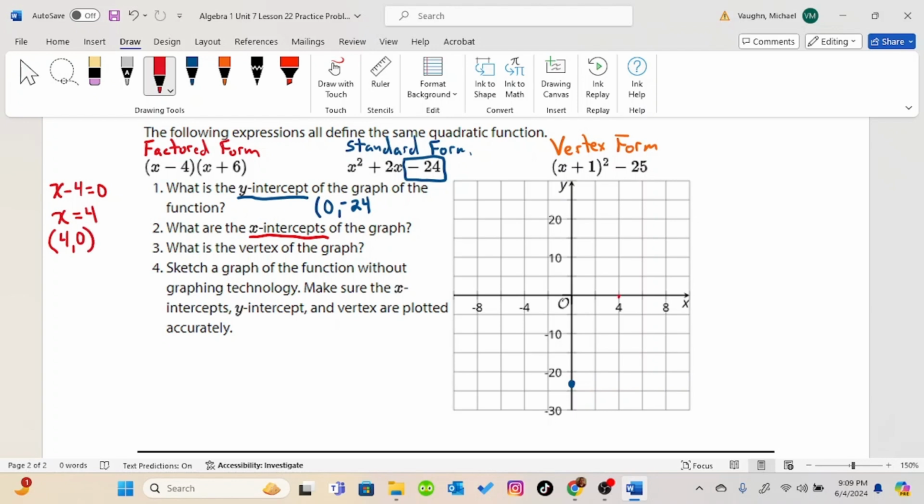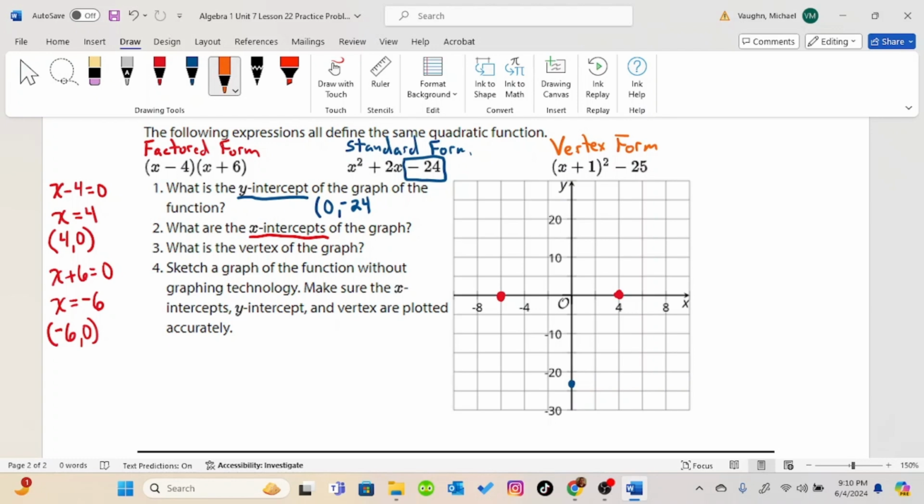So we can plot the first x-intercept where I'm putting this red dot at 4, 0. The other factor is x plus 6, and when we set it equal to 0, x must be negative 6. So the x-intercept is at negative 6, 0. And we can go ahead and draw that point right here where I put the second red dot at negative 6, 0.